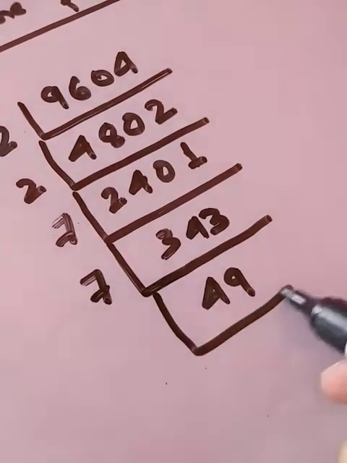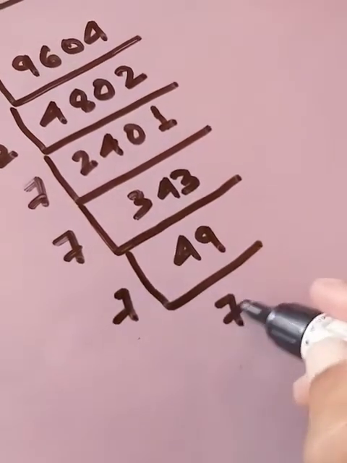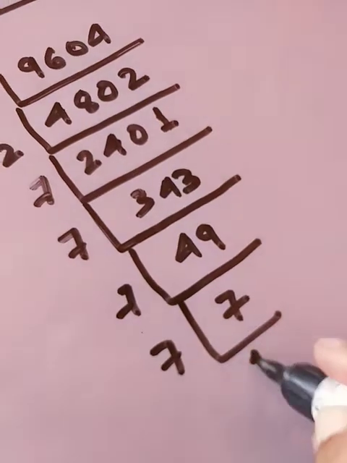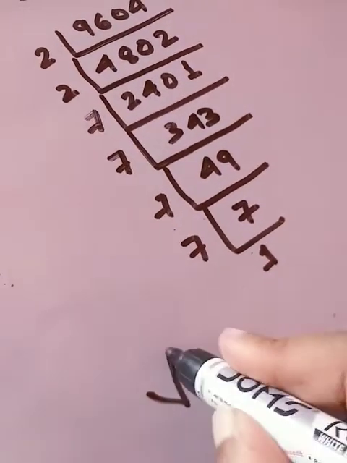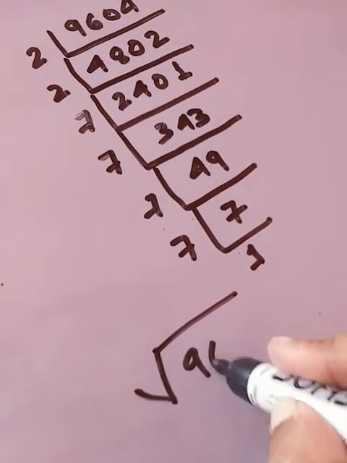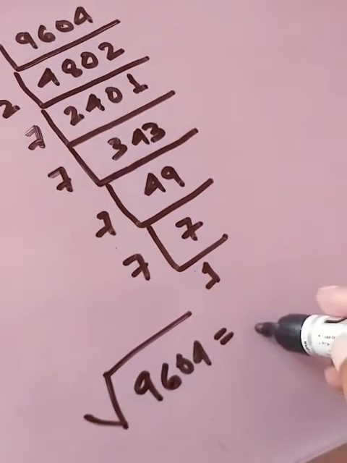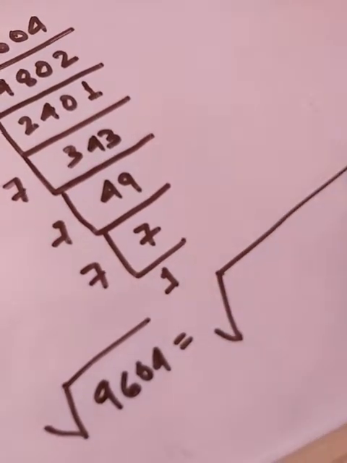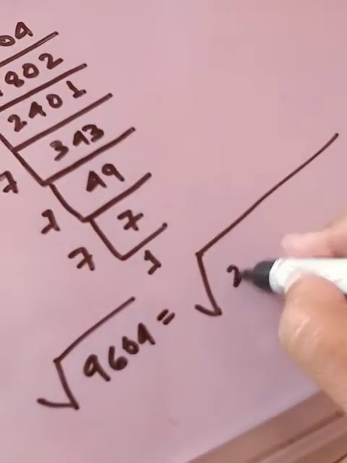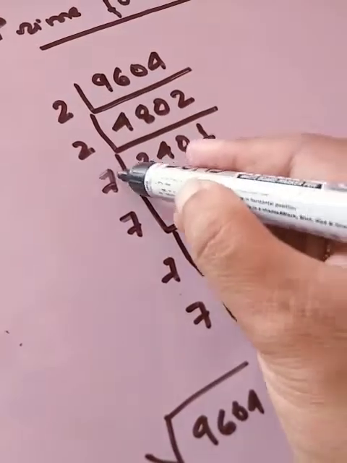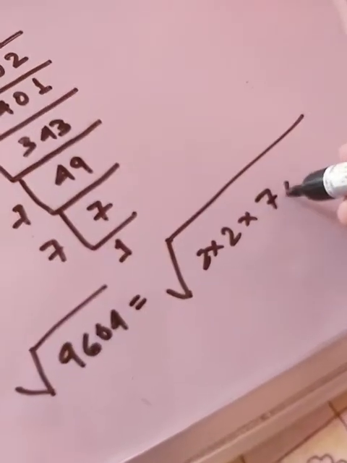Now again 49 is divisible by 7, 7 ones. So what is the square root of 9604? There are 2 2s and 4 7s.